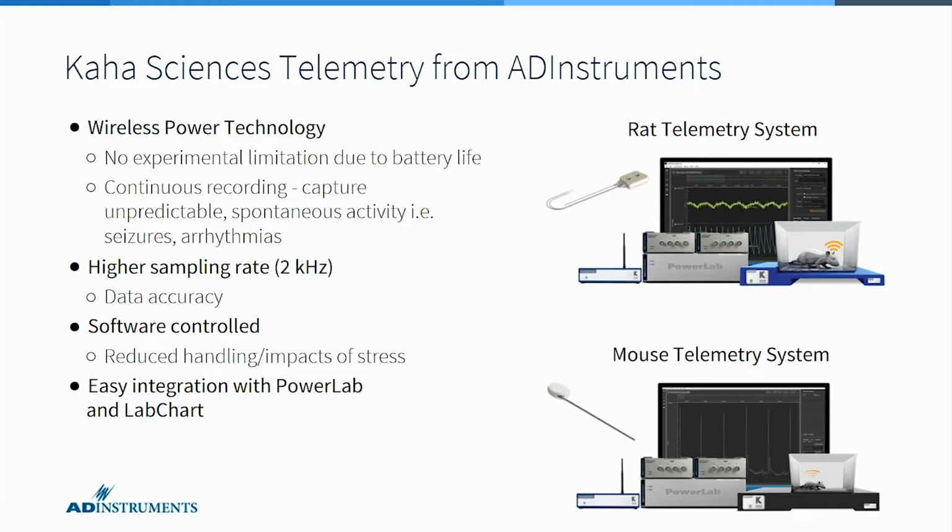The telemeters, both the rat and the mouse telemetry system, benefit from a really high sampling rate at 2 kHz for improved data accuracy. The configurator system allows full software control of the telemetry hardware to reduce any impacts of handling of your animals. And there's really easy integration with the existing ADInstruments data acquisition system, the PowerLab and the LabChart.